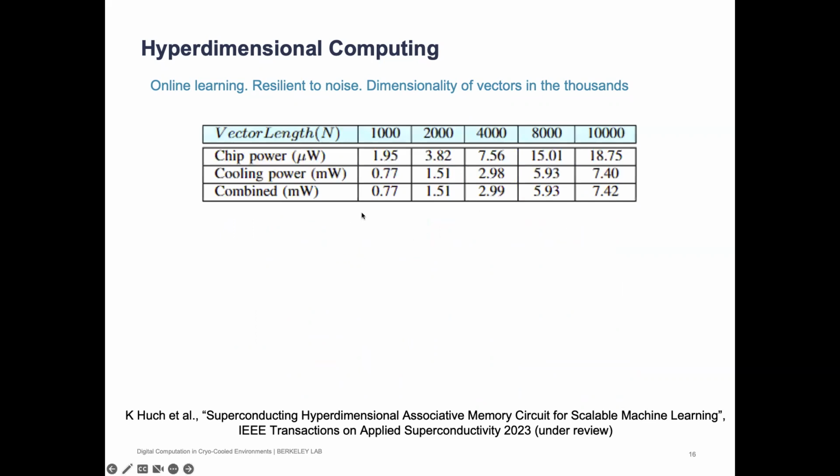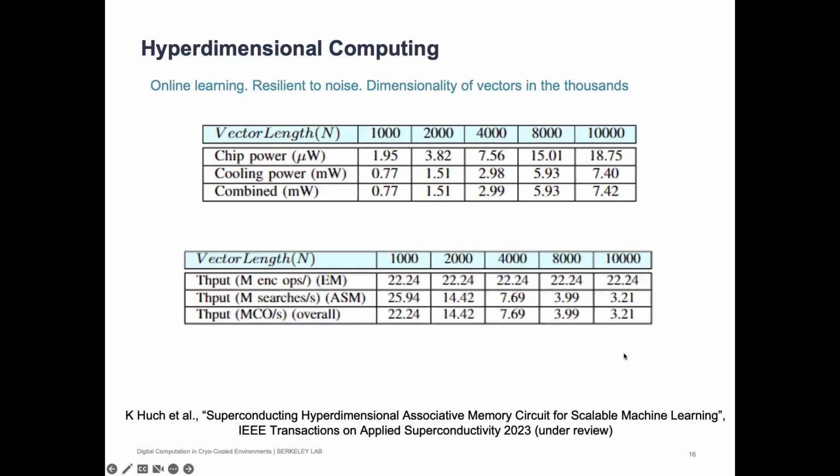In terms of power, this is not based on a chip, this is based on simulations, but they're SPICE level models, so we feel good about them. I'm showing here different columns for different vector lengths. The combined power, even for the largest vector length, is 7 milliwatts. It's not a lot.